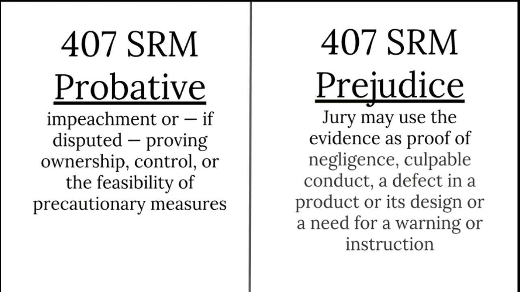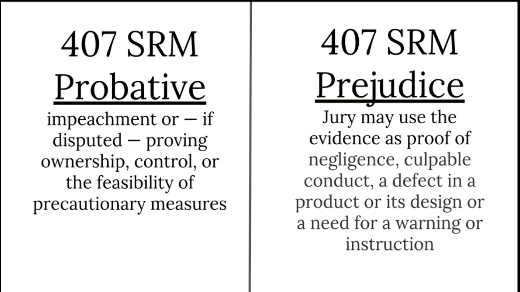If the jury uses that, that's a prejudicial effect. And let's not forget, the policy concern is that we want people to fix things that are broken. So in your prejudicial effect, you would say we don't want the jury to misuse this evidence as proof of negligence or culpable conduct, because the policy is that we want people to fix things that are broken and not be held against them.